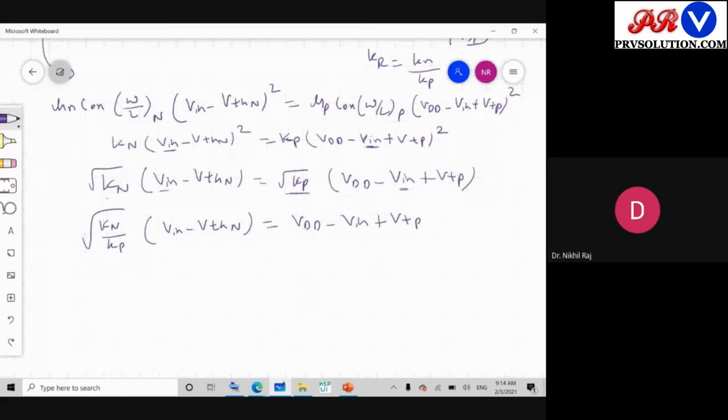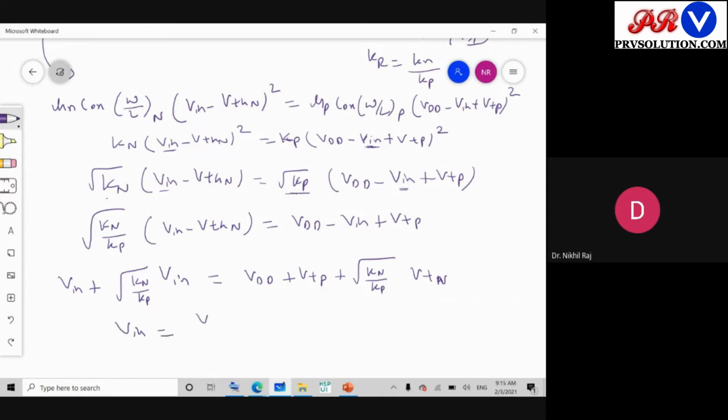From here we can say Vin times square root of Kn by Kp will be equal to VDD, and this Vin will come here, so I will get Vin here also. So what I will get here is VDD plus VTP, and then plus square root of Kn by Kp times Vtn. Okay, so from here we can write the Vin expression.